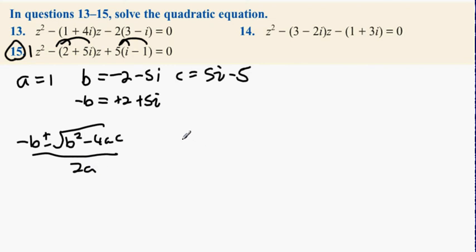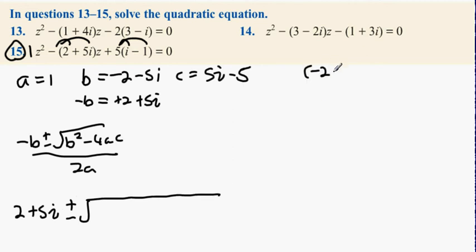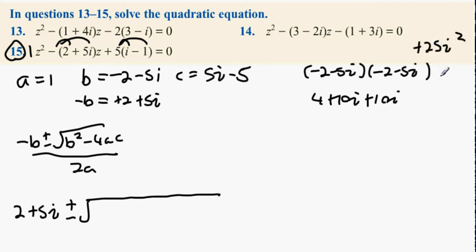So in this case, minus b is 2 plus 5i, 2 plus 5i plus or minus the square root of b squared. So we have to find out what b squared is. So it's going to be minus 2 minus 5i times minus 2 minus 5i. So we're going to get 4 plus 10i plus another 10i plus 25i squared, which is minus 25. So we're going to get minus 21 plus 20i.